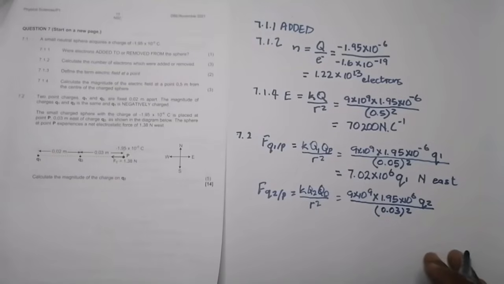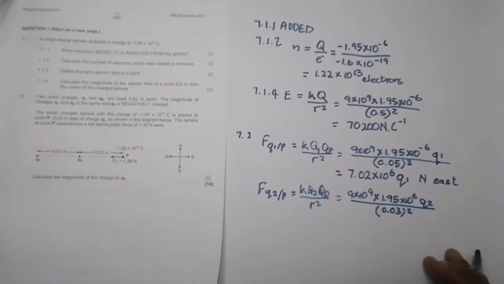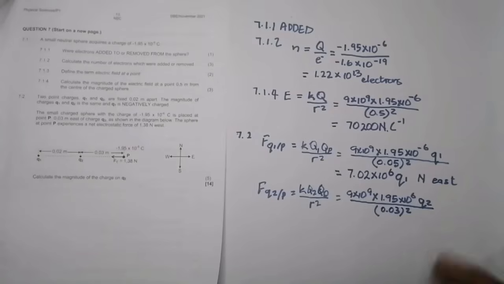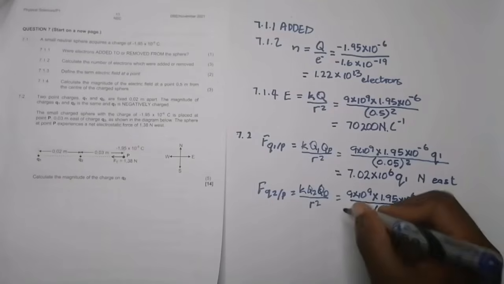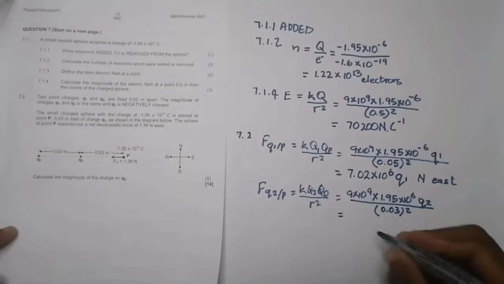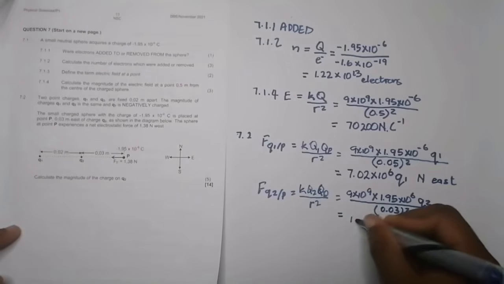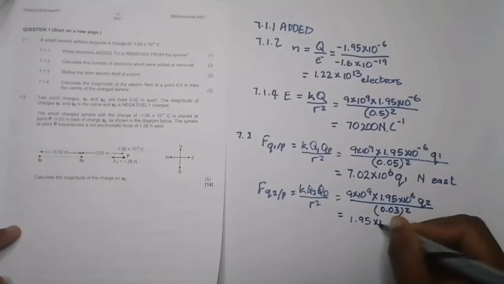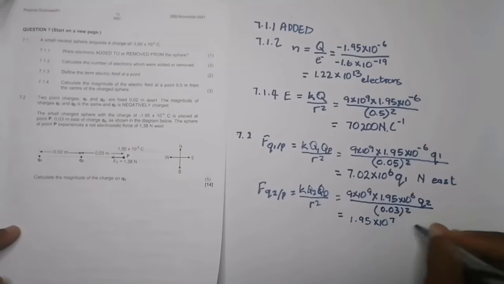Remember we're trying to find just an expression for that. I get an even bigger number, and when I express it scientifically, 1.95 times 10 to the power 7, multiplied by Q2.